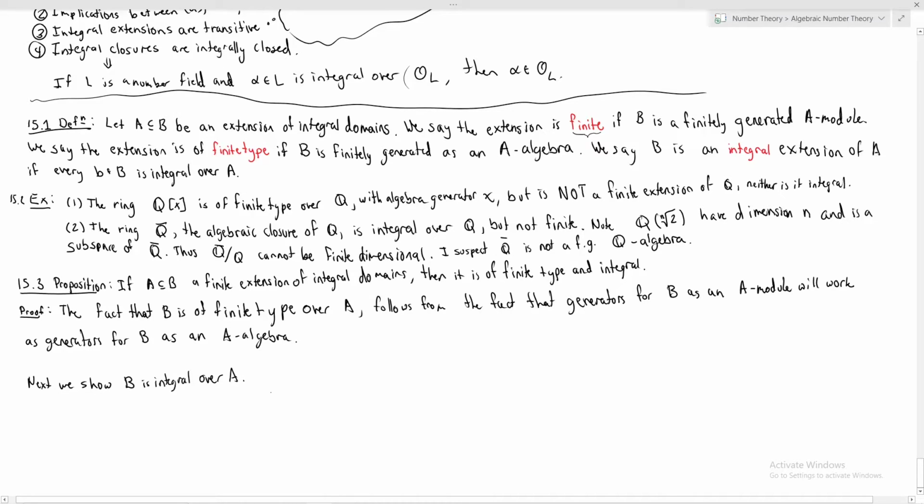Okay, how do we do this? The main tool is going to be a result we proved in lecture 11. So we need the following from lecture 11.